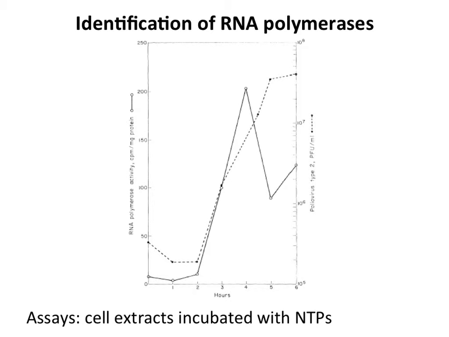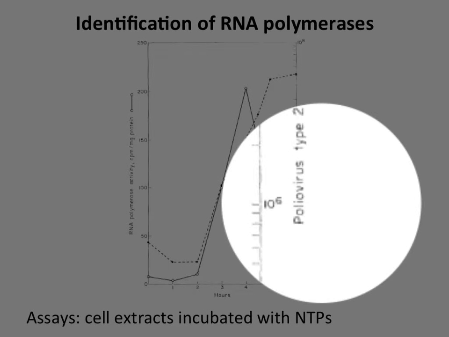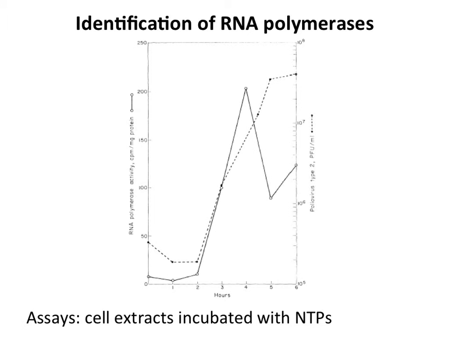All right, so the beginning of this whole field really began with this experiment in the late 50s, early 60s. What was done here was to infect cells with a virus related to polio. It happened to be Mengo virus. Actually, this is polio virus here. The first one was done with Mengo, but I'm using polio as an example. You infect cells, and then at different times after infection, you make an extract from the cells.